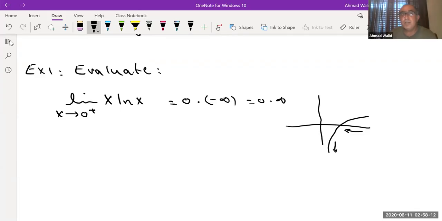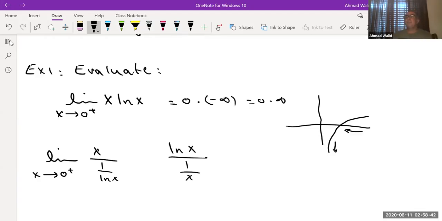Now, what to do? Change this product, which is x ln x, to a quotient. How? Write your limit, x approaching 0 from the right. You can write x over 1 over ln x, or you can do this, ln x over 1 over x. Which one should you go with?